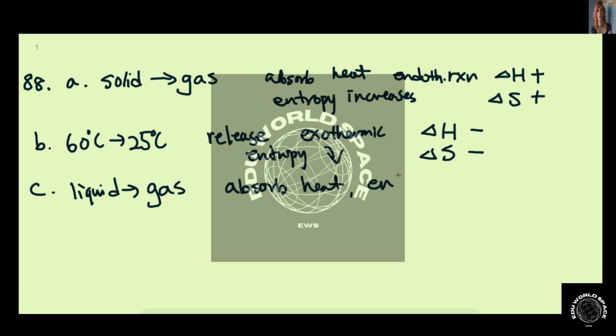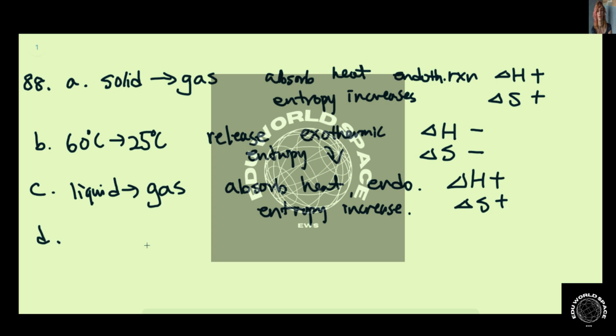It's also an endothermic reaction, so delta H of this process is positive. Gas has more degrees of freedom compared to liquids, so the entropy of the system also increases. So delta S of this process is also positive.